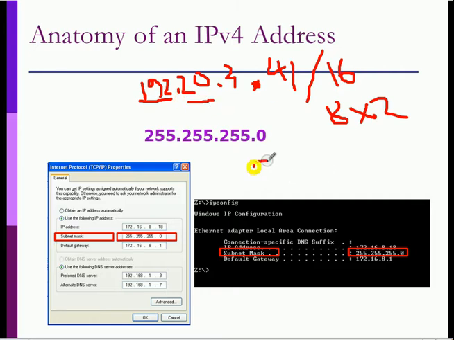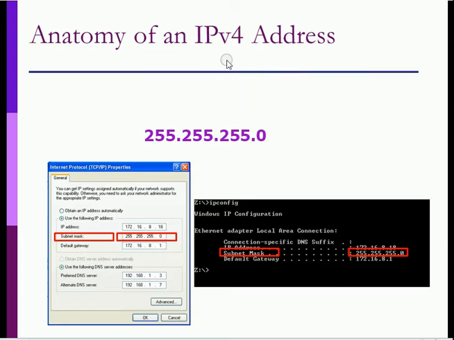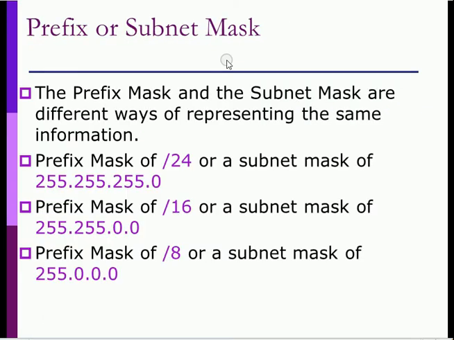That means the subnet mask would be 255.255.0.0. Ta-da! That's how you do this. As you can see over here, 16 would give 2 and 8 would give 1, and there could be partial as well. We'll do that.